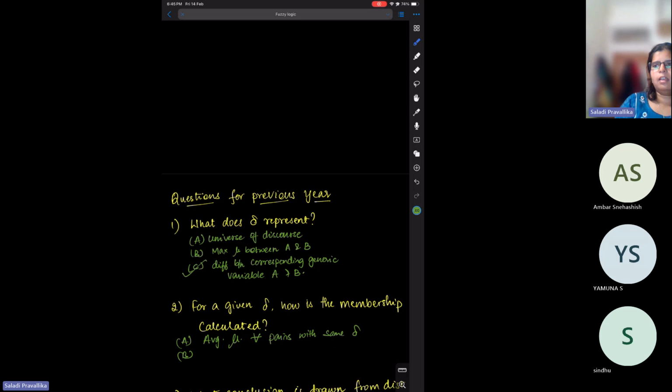Option B, by taking the maximum of the membership values for all pairs with the same delta. Option C, by summing the membership values for all pairs with the same delta.